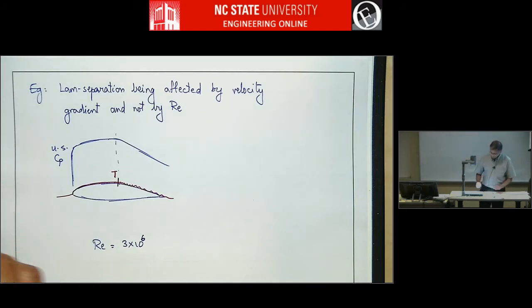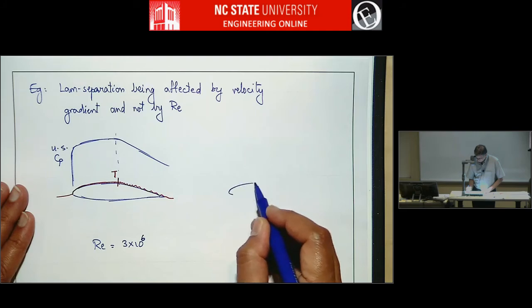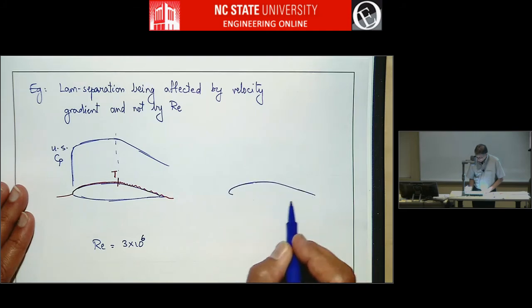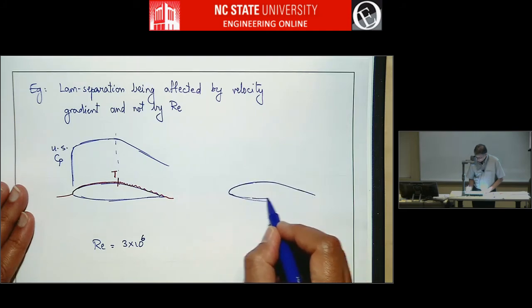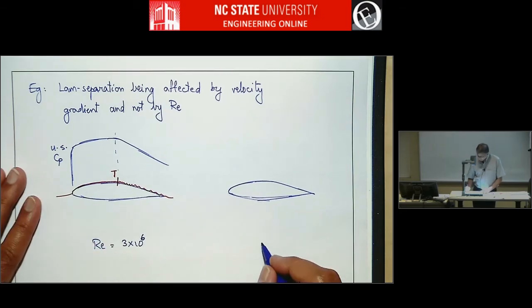But if you take the same airfoil and now operate it at 100,000, which is like 0.1 million, right?